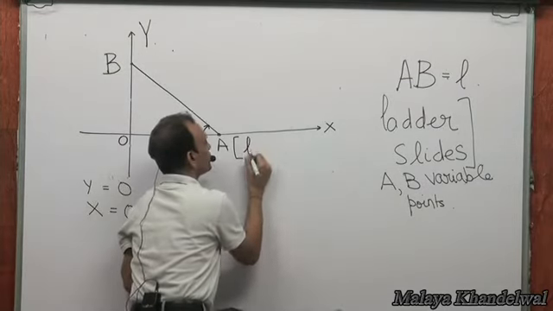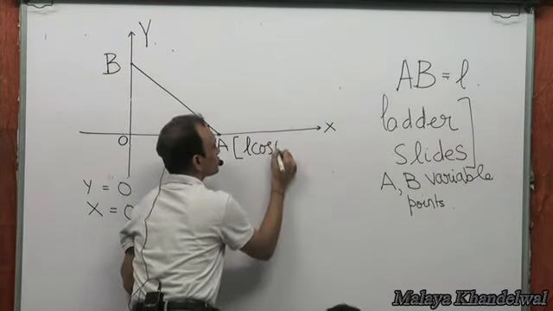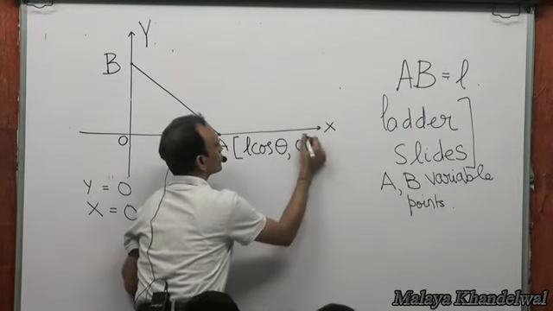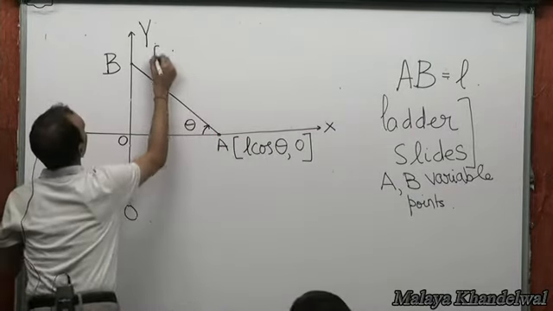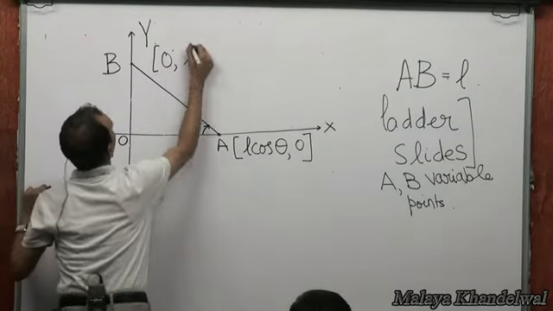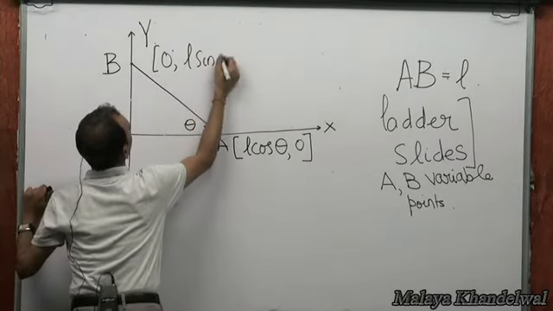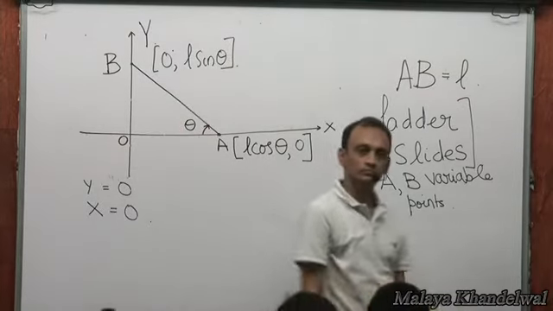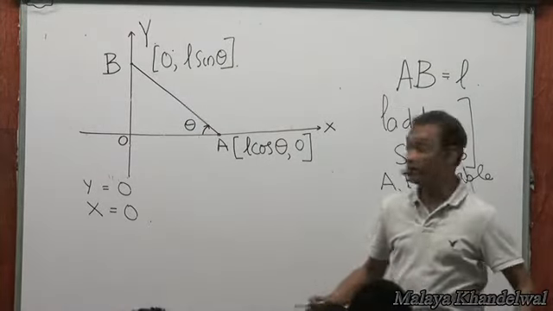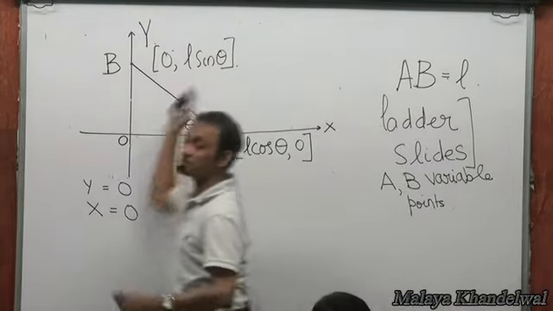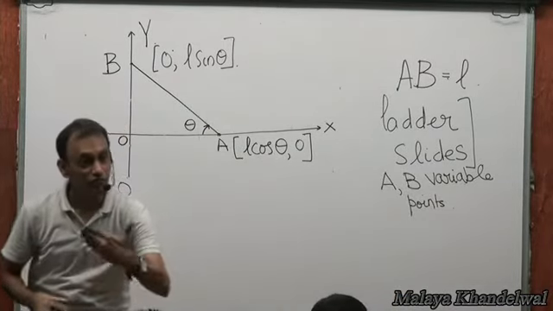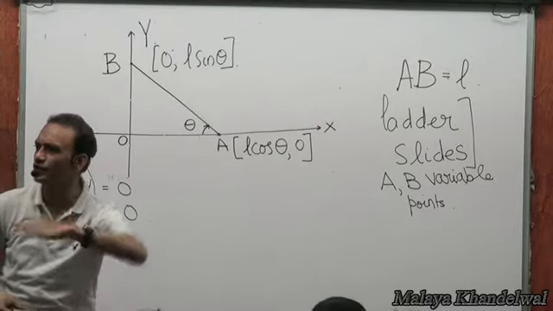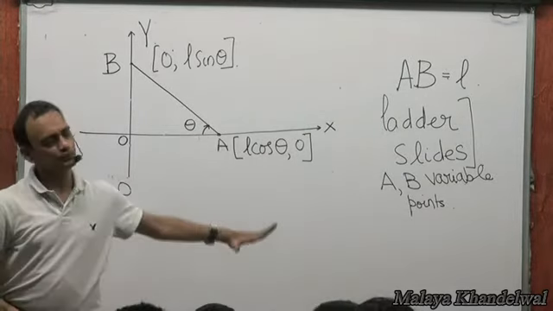So coordinates of A will be (L cos theta, 0). Coordinates of B would be (0, L sin theta). Theta is a parameter, so the coordinates of A and B would be different for different thetas. While the ladder slides, the coordinates of A and B will change.